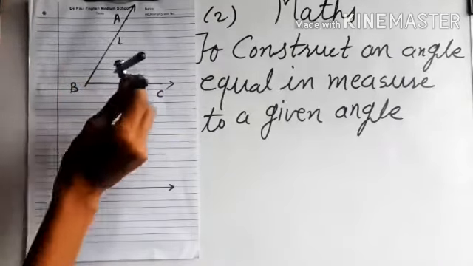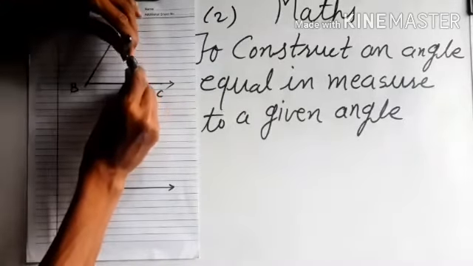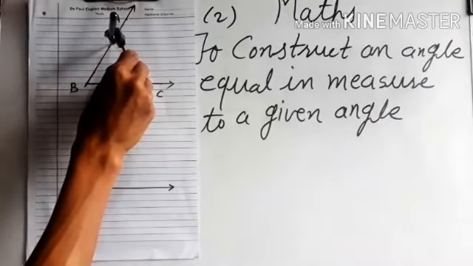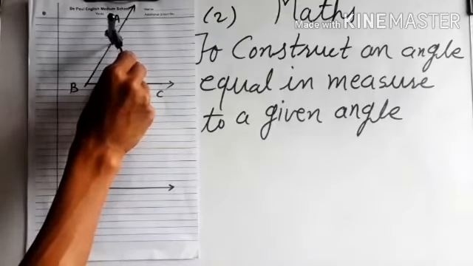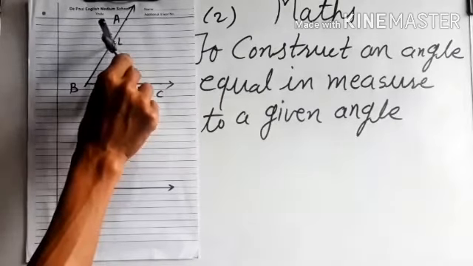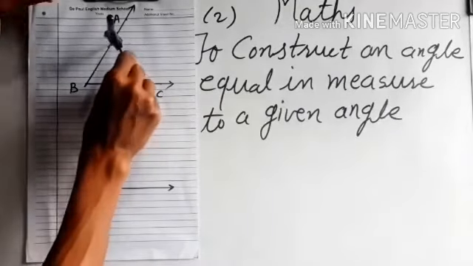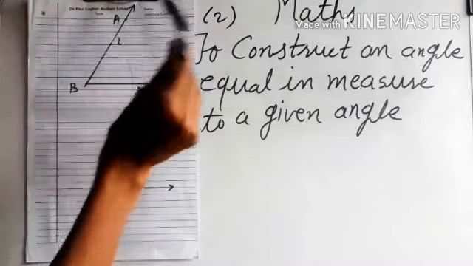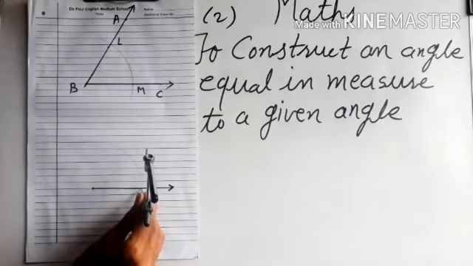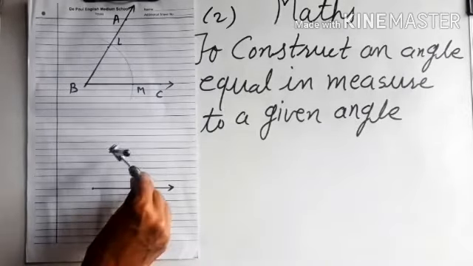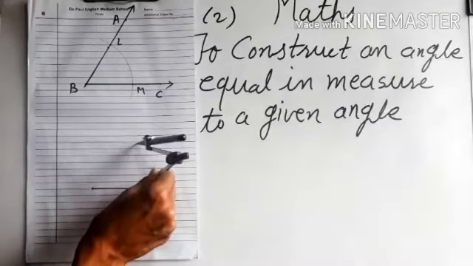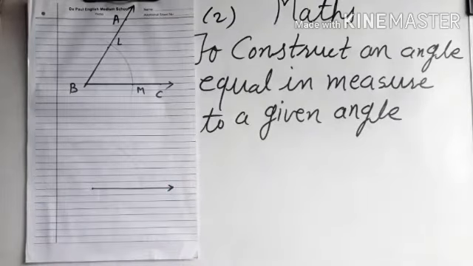You have to open the compass slowly and keep the pencil on point L. With the same distance, keep the compass point where this arc has intersected the ray, and draw one arc which will intersect the first arc.